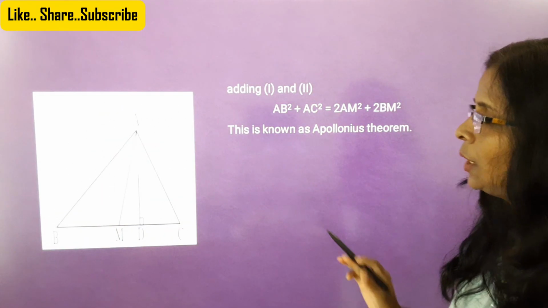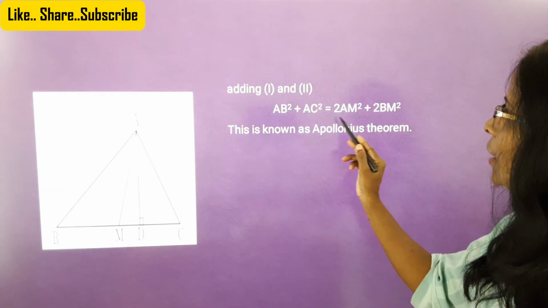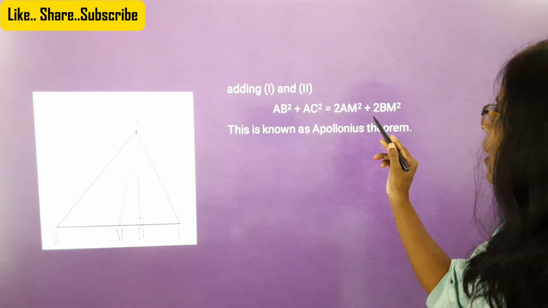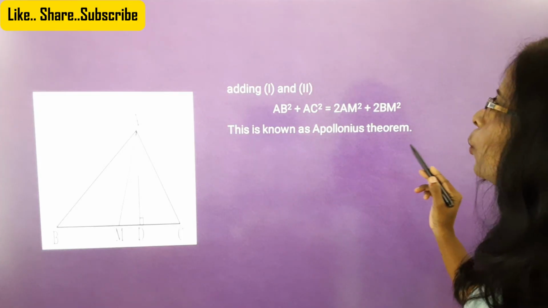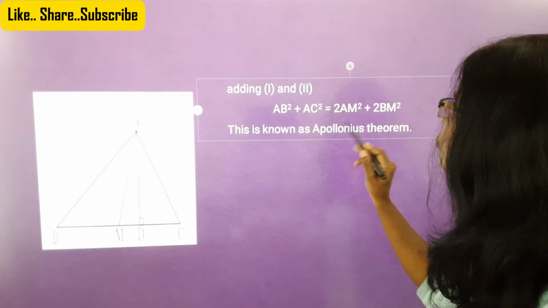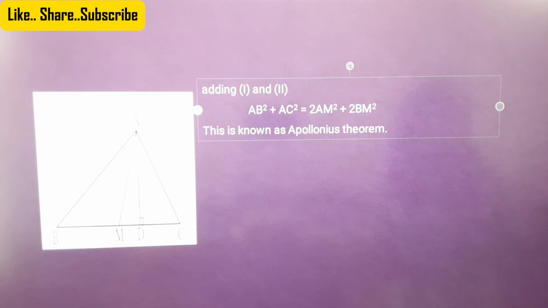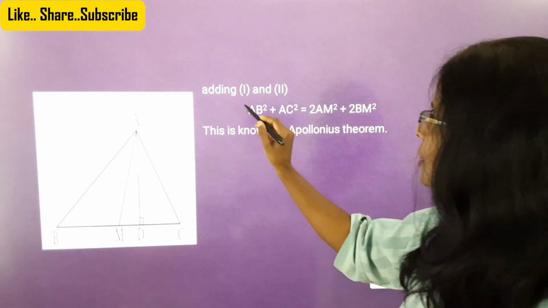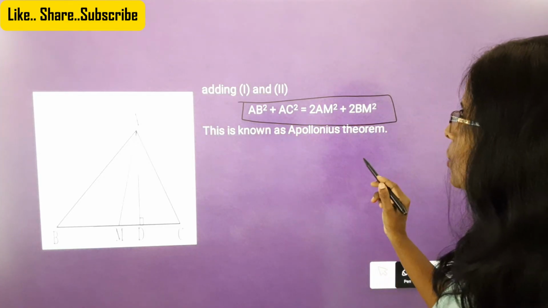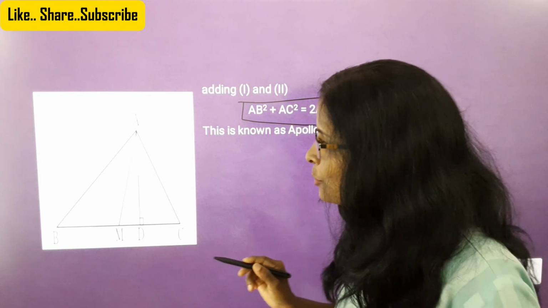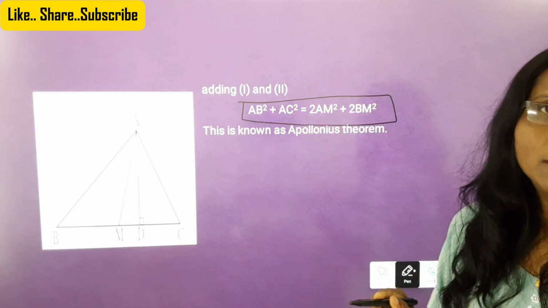Adding 1 and 2, AB square plus AC square is equal to 2AM square plus 2BM square, and this is known as the Apollonius Theorem.